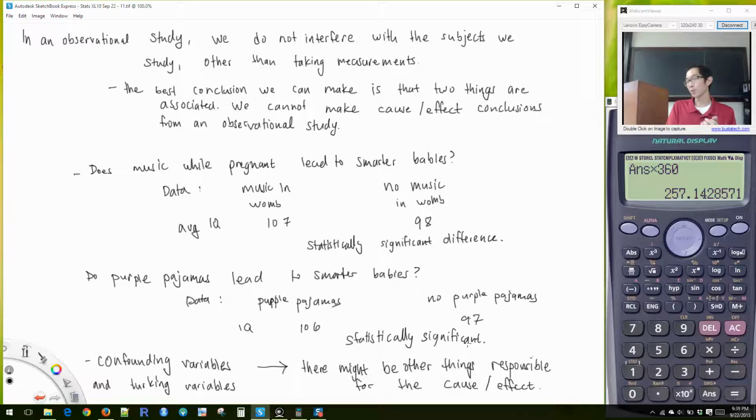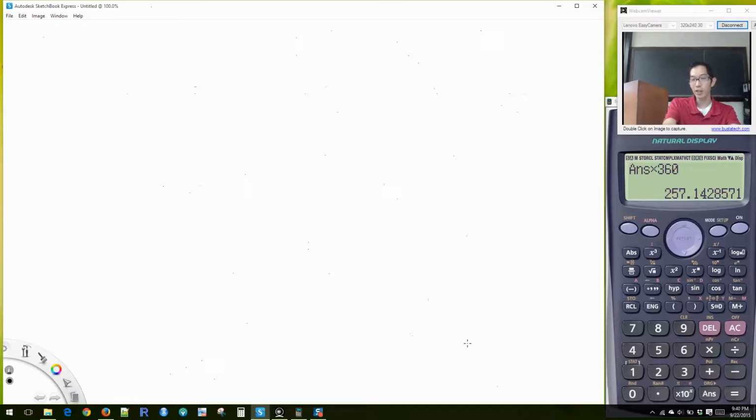Okay, so for example, for a long time, the tobacco industry was asked, does smoking cause cancer? And the tobacco industry would say, oh, well, all the studies so far have just been observational studies, so you can't say they cause cancer. What we've seen is that people who smoke get lung cancer at a much higher frequency than those who don't smoke.